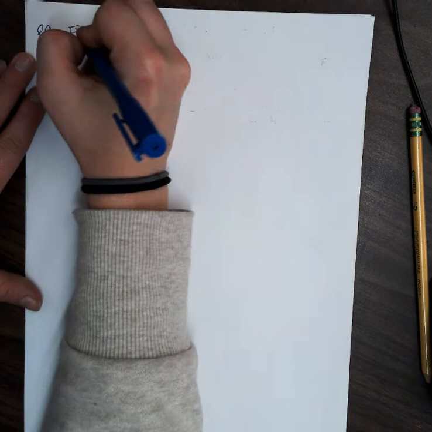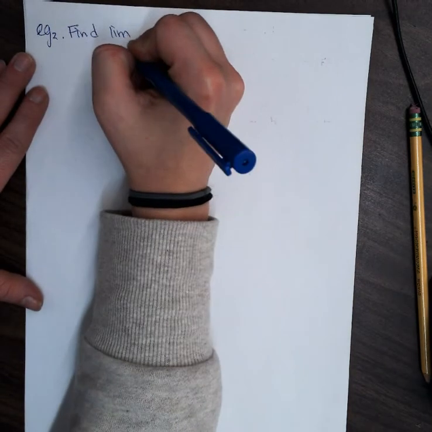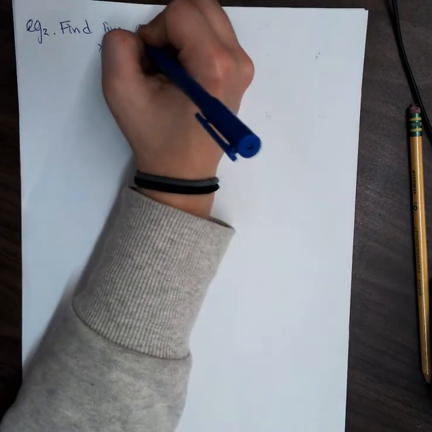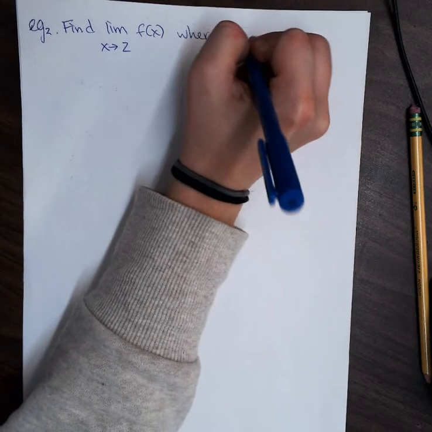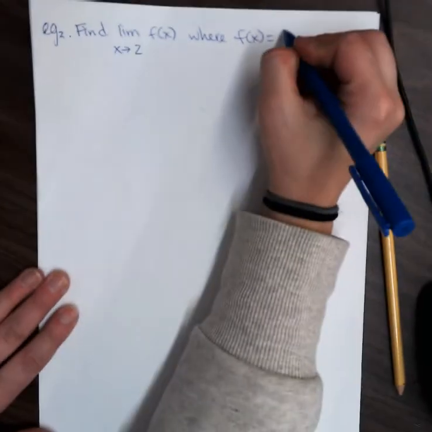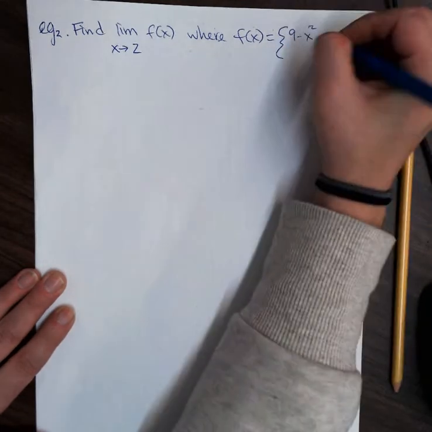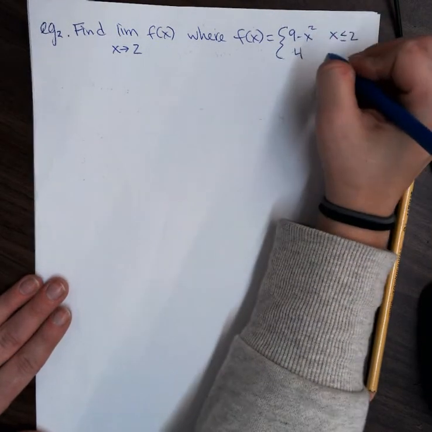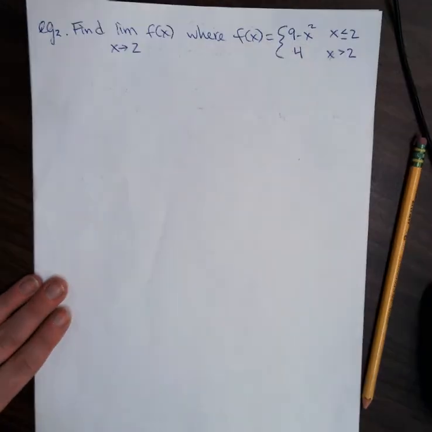Find the limit as x approaches 2 of f of x, where f of x equals 9 take away x squared, where x is less than or equal to 2, and 4, where x is greater than 2. So here's our piecewise function.